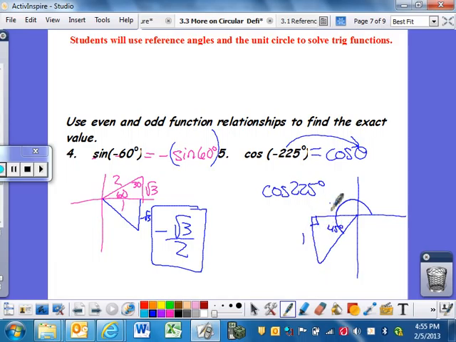So that's the whole 1, square root of 2, negative, negative, and cosine is going to be negative 1 over root 2, or negative root 2 over 2. So all that does is allow us to go in the positive direction instead of having you need to go in the negative direction back and try to figure out what that angle is and so on. It just allows us to use angles that we're comfortable with.